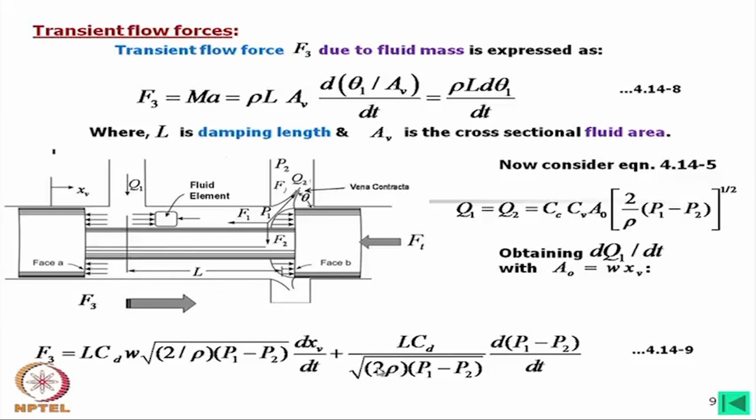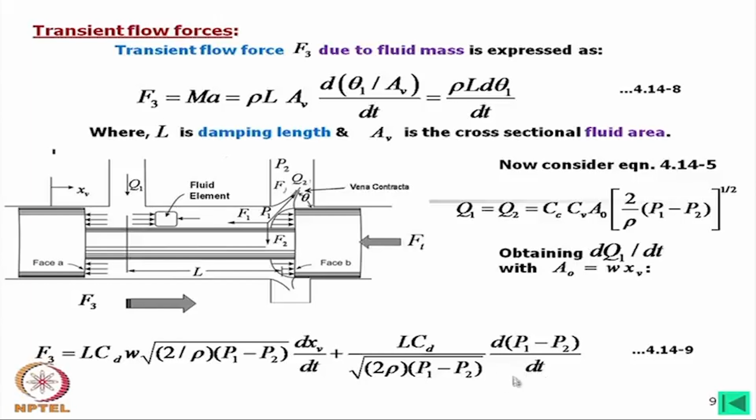So, ultimately it will become 2 rho. You see, initially we can consider here 2 by rho P1 minus P2, but while differentiating this, then 2 by rho is coming over here. So, that rho if you bring inside, it will become 2 rho. You can go through this exercise, and 1 by 2 here, and for differentiation half here, that 2 are being cancelled. So, this portion is correct, and then we can write that this will become d(P1 minus P2) by dt.